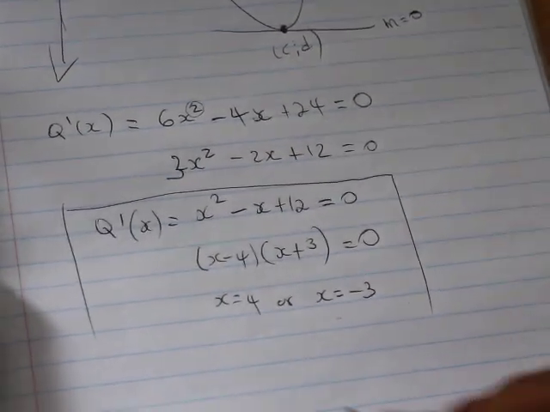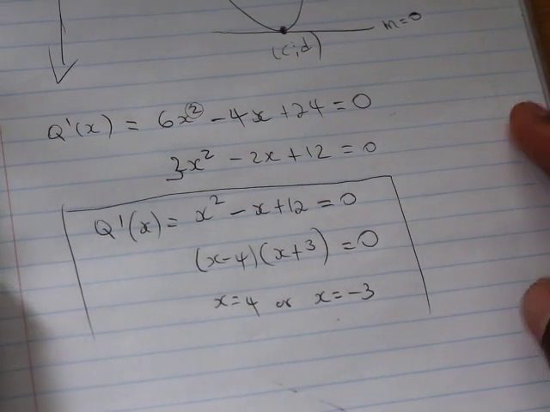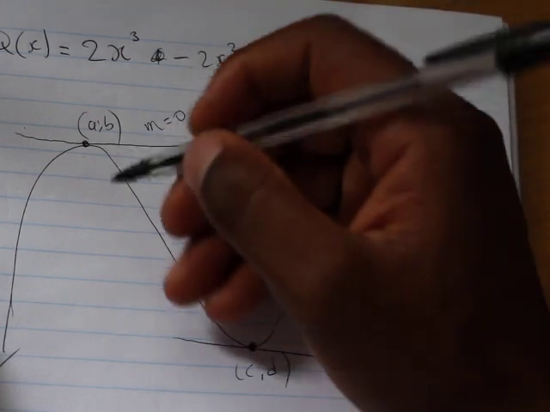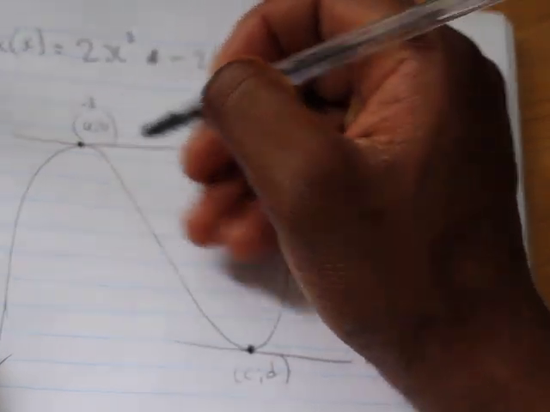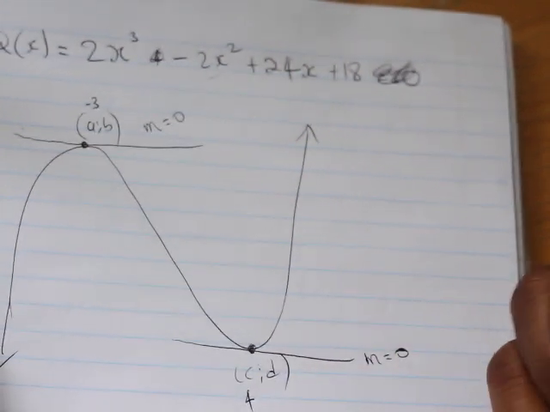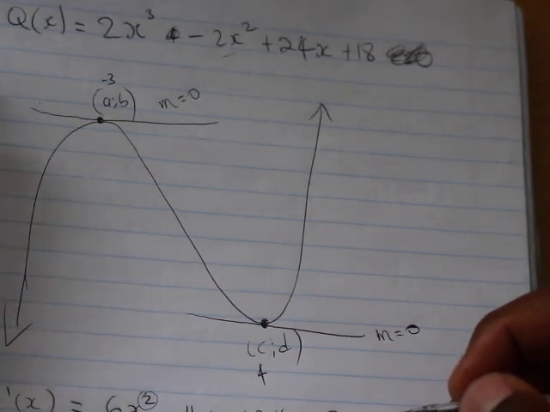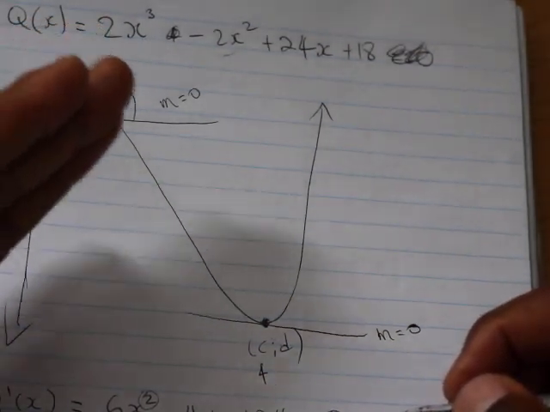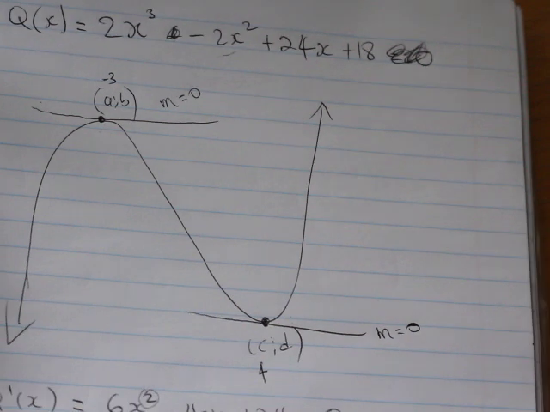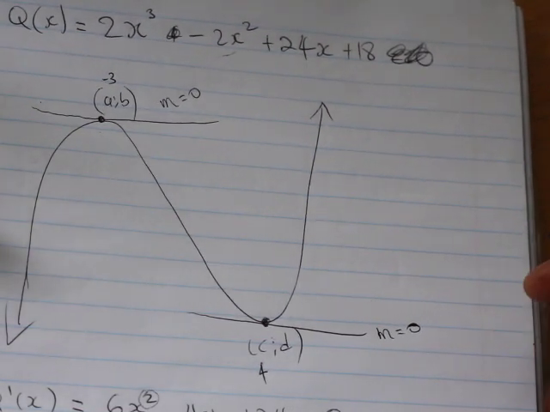Okay, so once you've got this, the negative 3 is going to be there, and here it's going to be 4. Do you understand? Because the first root, which is smaller than the second root, is going to be on the far left, and then the second root, which is bigger than the first root, is going to be on the far right.